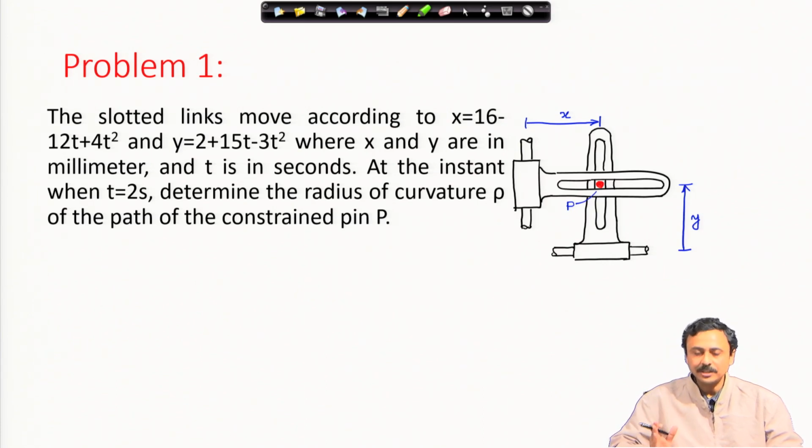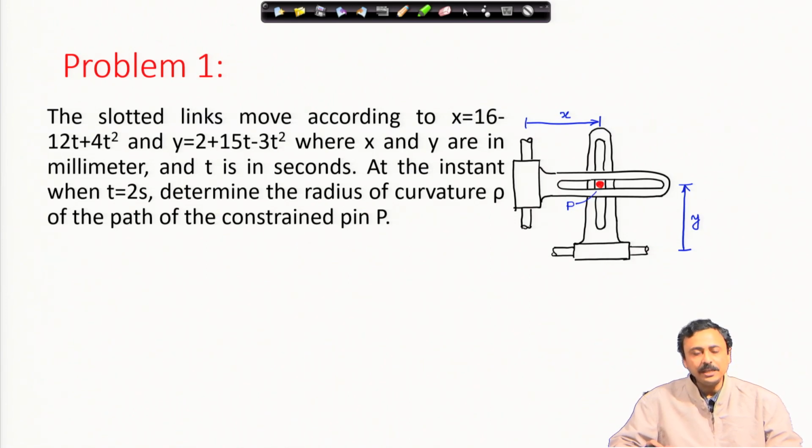So, the vertical slot is moving horizontally and the horizontal slot is moving vertically, and the motion of these slots is specified by x and y as functions of time, where x and y are in millimeter and time t is in seconds.